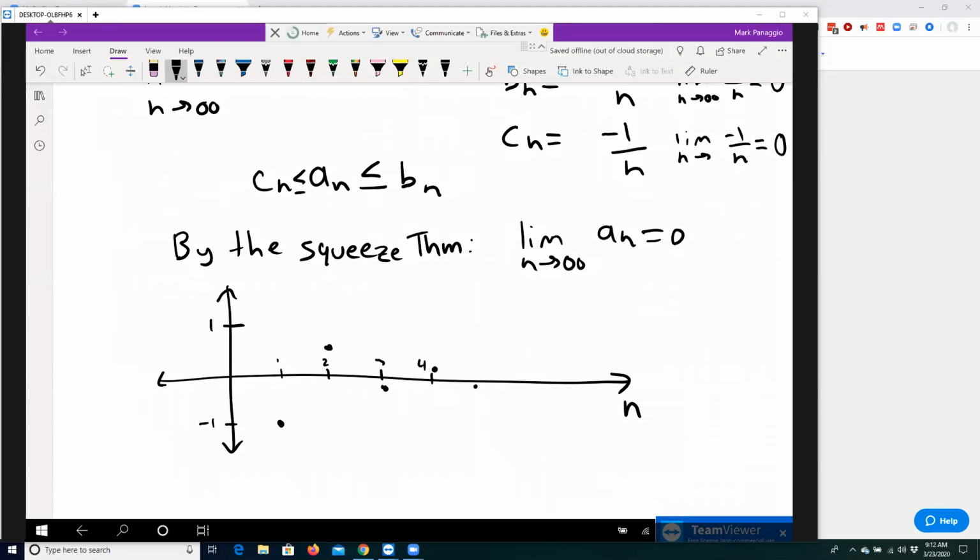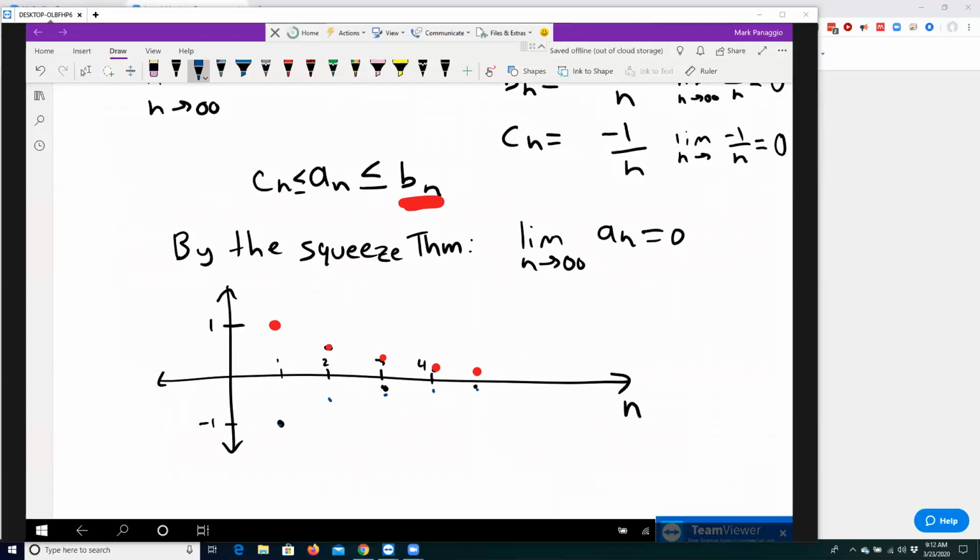If you look at the bn terms, they're going to be something like this. They're going to be equal for all the terms that had a +1 on top, and they're going to be greater for all the ones that had a -1 on top. And if you look at the cn terms, they're always negative, and so they're the same thing, but reflected down below.